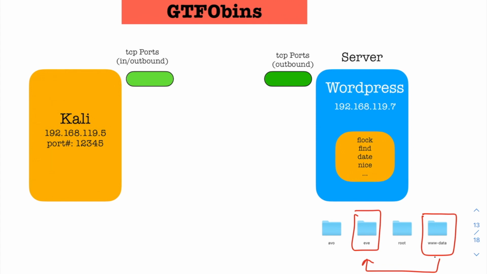First, we will start a reverse shell from the Kali box to the WordPress server. This can be done using the PHP reverse shell that you can find under the Laudanum script in your Kali box. And to learn more about how to start a reverse shell, you can watch this video here.